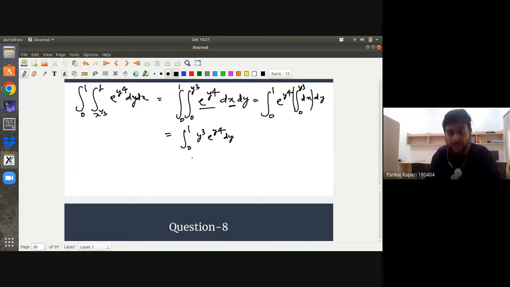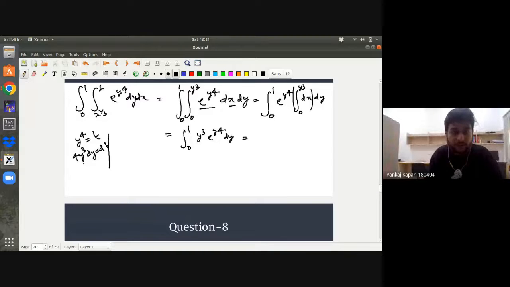Now note that the evaluation of this integral is easier than the previous one, because we have a y cube times e to the power y power 4, and that can be evaluated by just changing the variable of integration. How can that be done? Just put y to the power 4 is equal to t, then 4 times y cube dy will become dt.